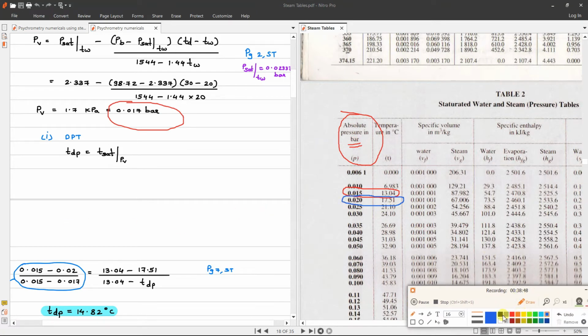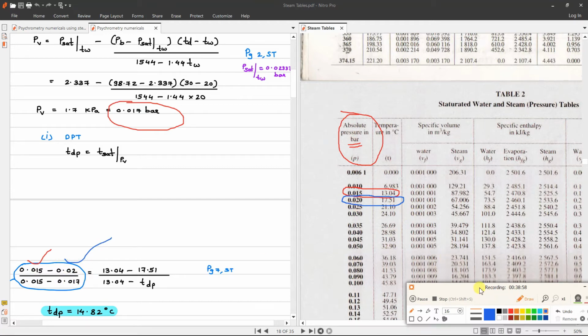We'll consider 0.05 minus 0.02 divided by 0.05 minus, whatever is required, that I am substituting the value over here. What is that value? PV value 0.017 bar, equal to, corresponding to these pressure values, we have to substitute the temperature values from the steam table.